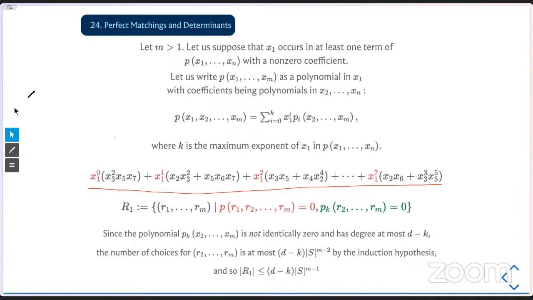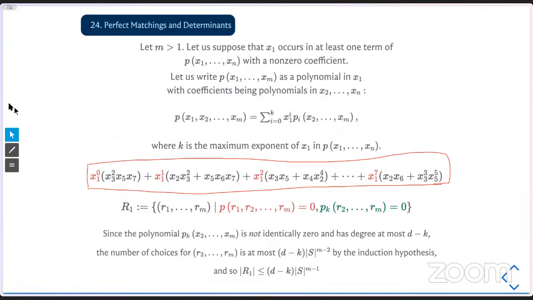I think that's a relatively minor issue. Let me just assume, without loss of generality, that we have at least one x1 somewhere in this polynomial. So group your terms according to powers of x1 as they appear. And in this expression, k is the largest power of x1 that we see. Does this grouping make sense?